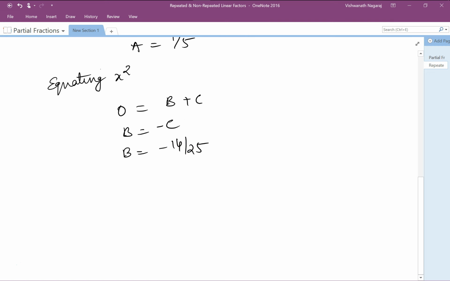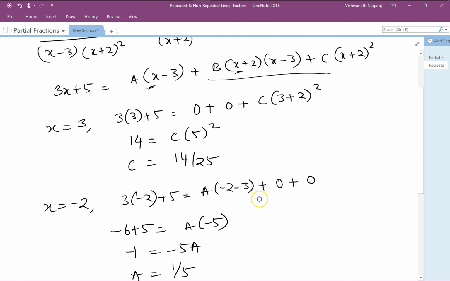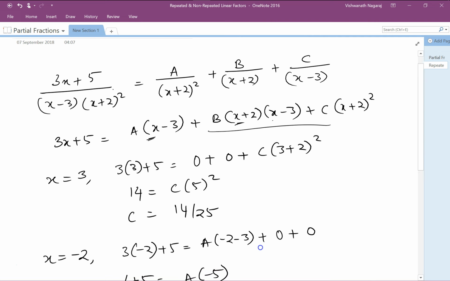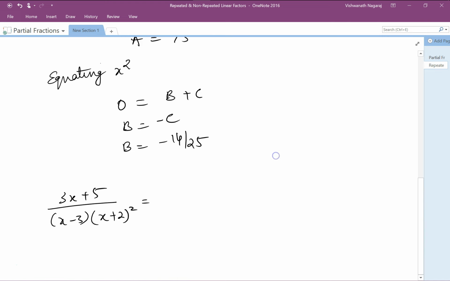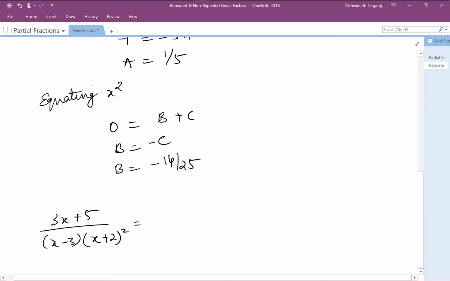So our fraction 3x plus 5 by x minus 3, x plus 2 the whole square is equal to, now let's make sure that we have got it right, a by x plus 2 the whole square, a is what? 1 by 5.